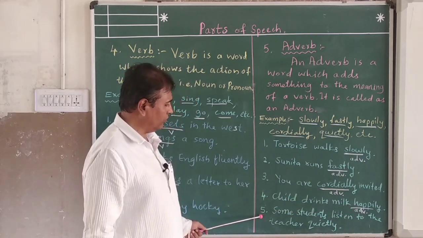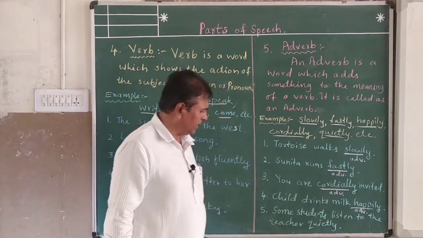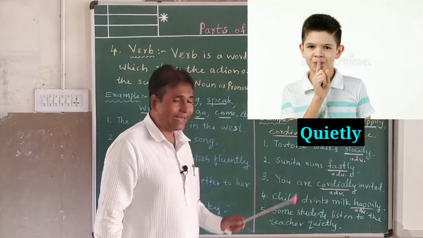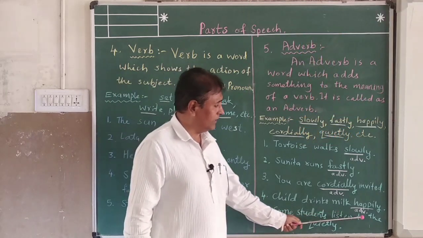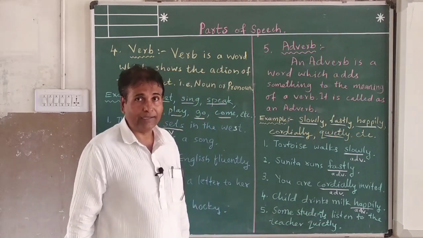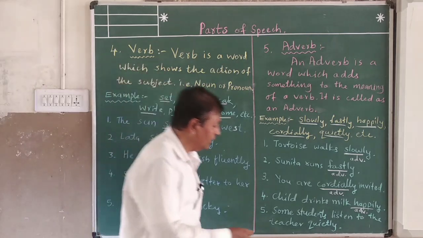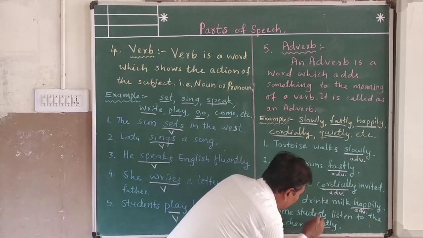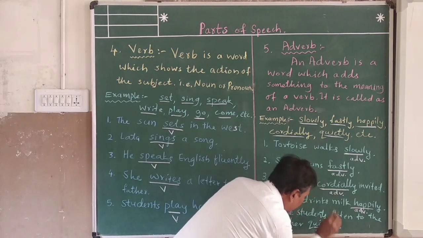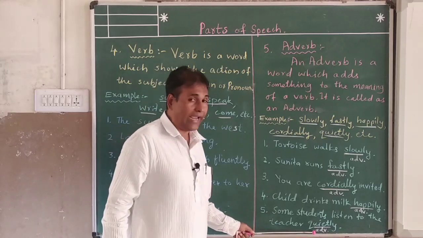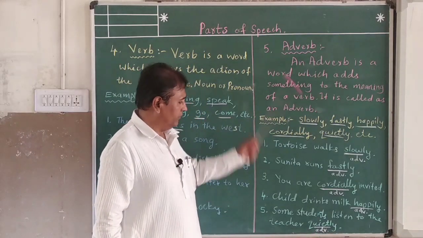Now come to the fifth one. Some students listen to the teacher quietly. What is the word here? The word is quietly. ADV means adverb, the short form of adverb.